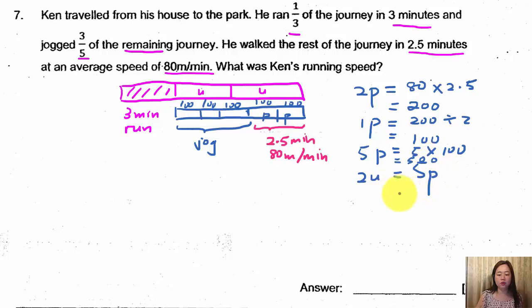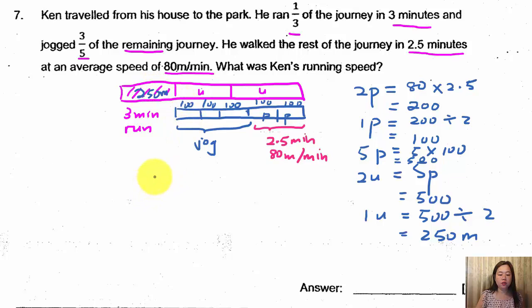So 2 units is actually 500. And therefore 1 unit is equal to 500 divided by 2, which is equal to 250 meters. So this is 250 meters.